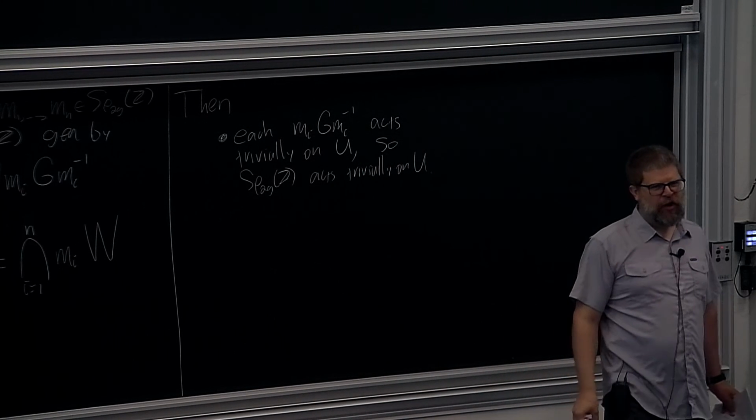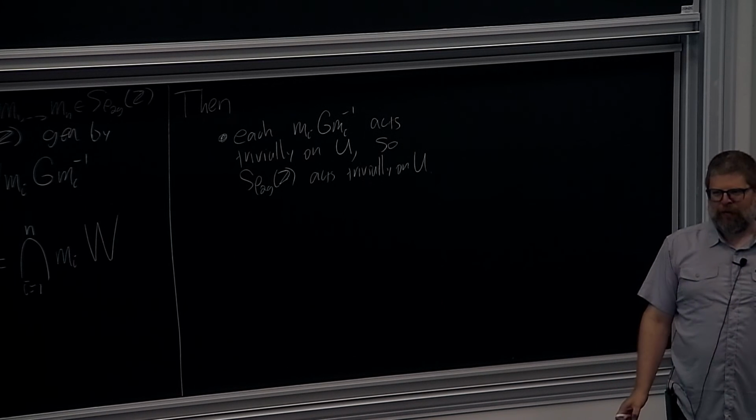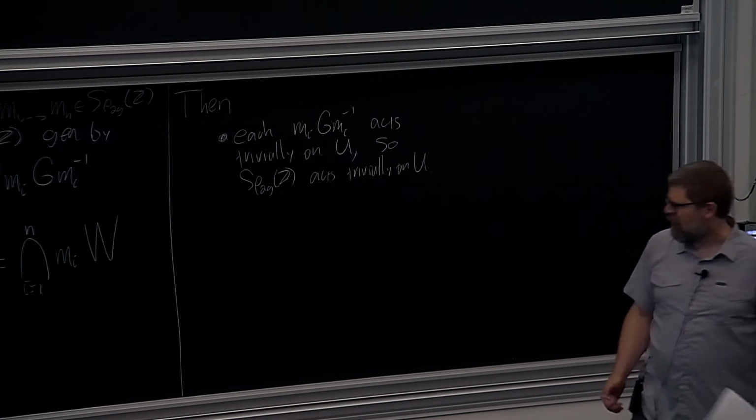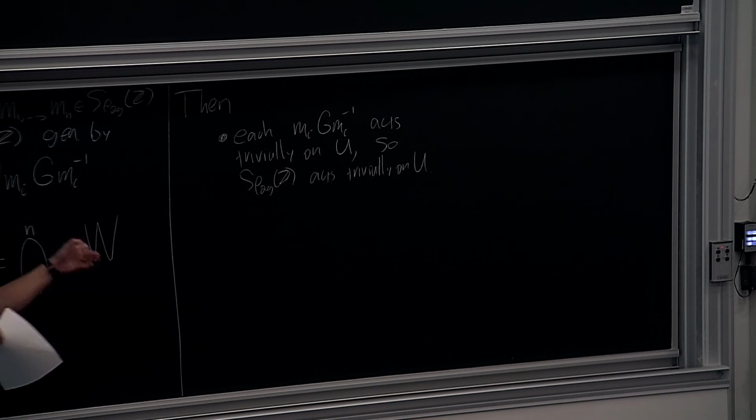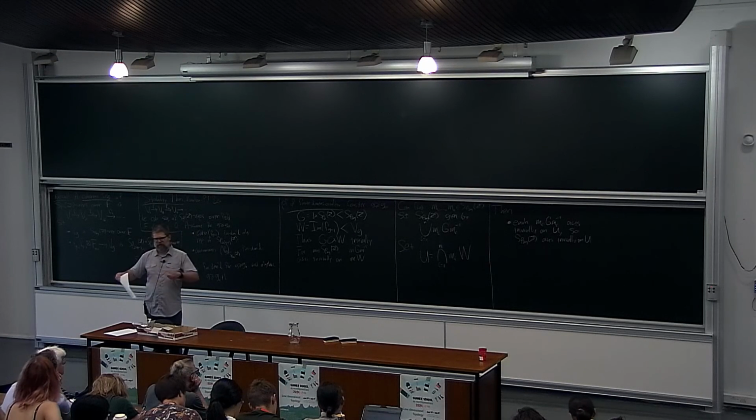Because we've shown that a generating set for the symplectic group acts trivially on U. Because we know that each conjugate acts trivially on its M_i W, and we're intersecting all those, so this thing is small enough so that all those things act trivially.